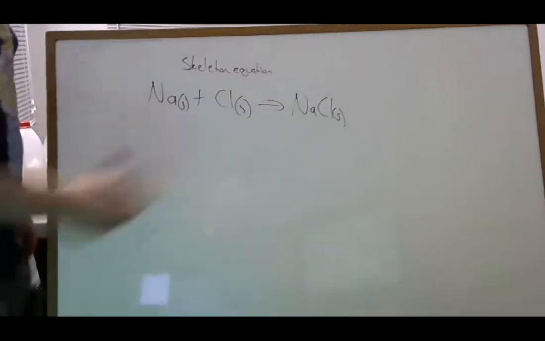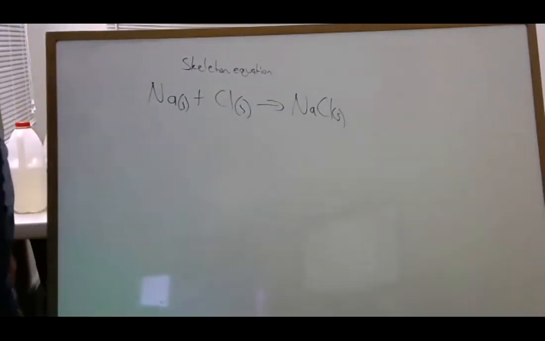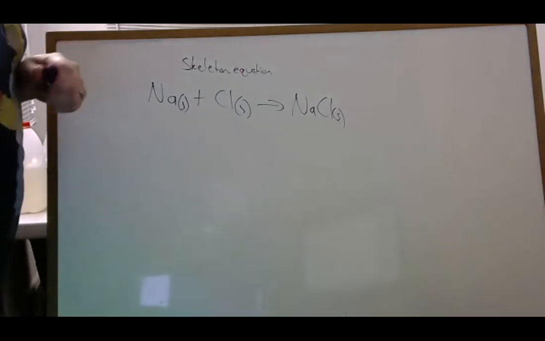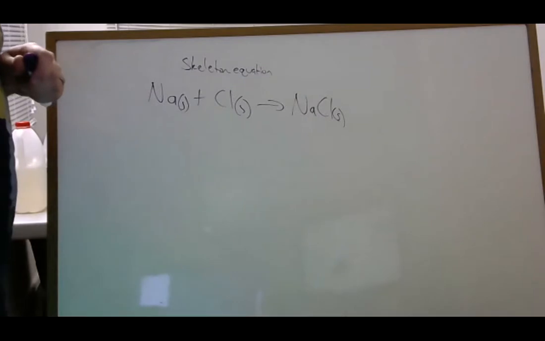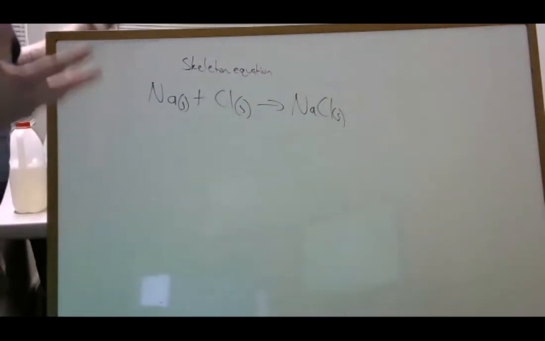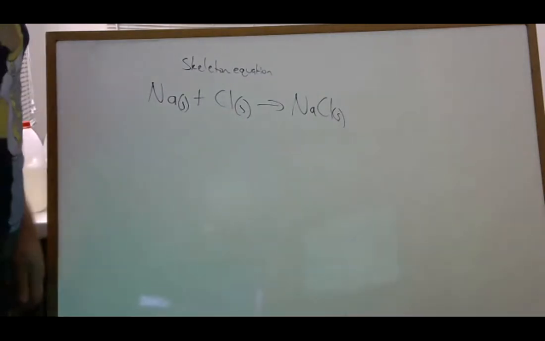So this is what we care about in chemistry. So I'm going to look at balancing these two equations, because we have this pesky thing called the law of conservation of energy as well as mass.